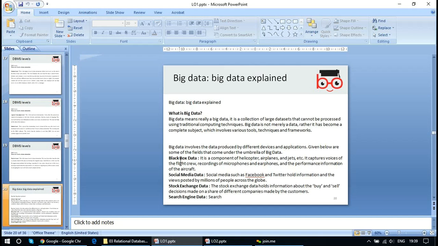For example, black box data, social media data, stock exchange data, search engine data. So if you imagine the black box data, what it is and what it is used for. Have you heard about it? Yeah.